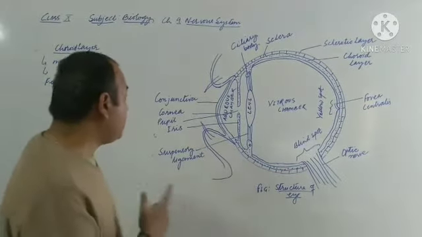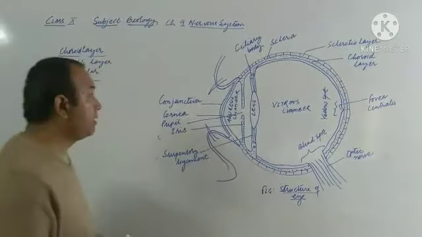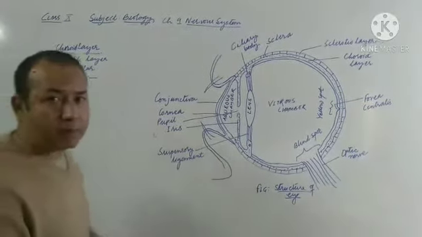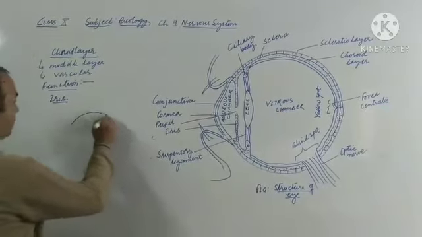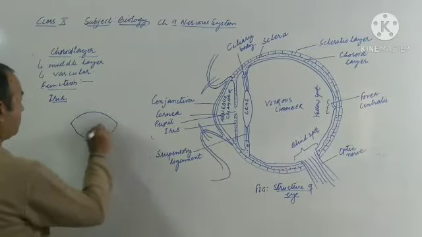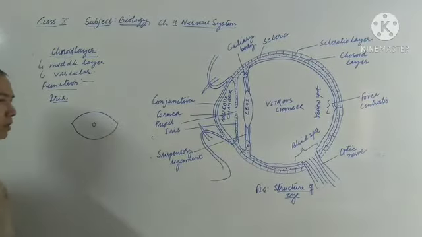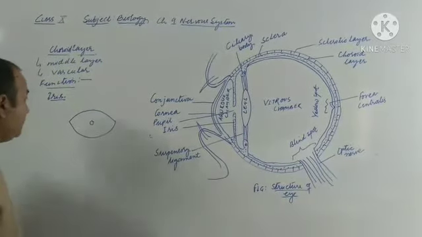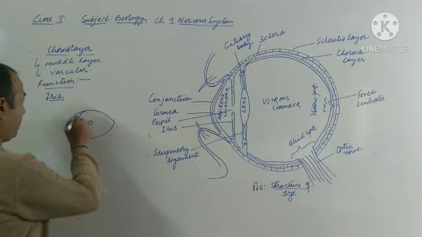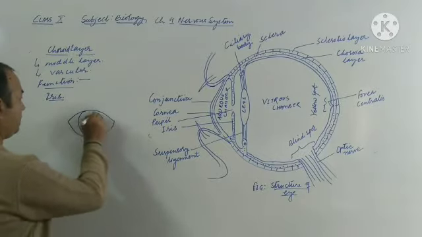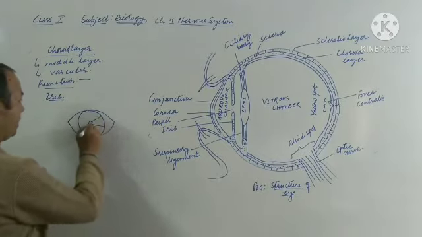And the next important thing about the iris is that it consists of two different types of muscles. Let me explain it with the help of a diagram. So this small hole present in the middle of the eye is the pupil. We see the iris, the colored part of the eye.